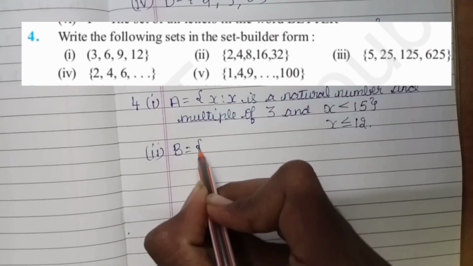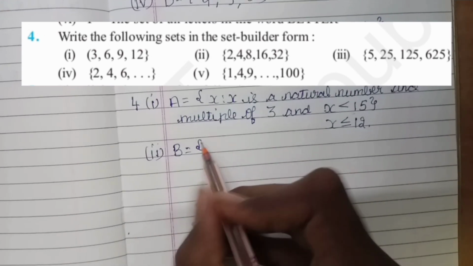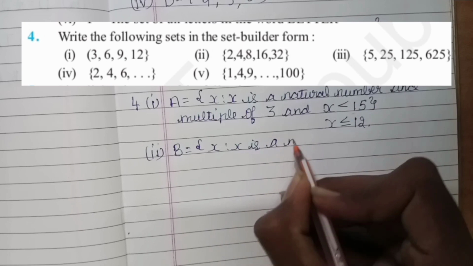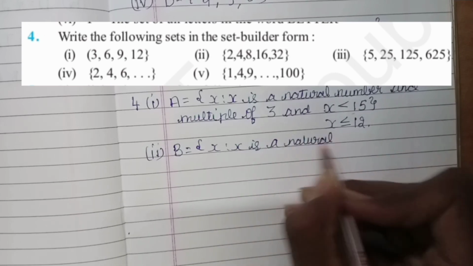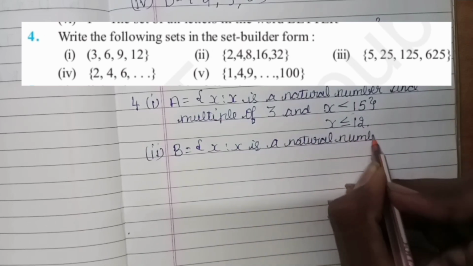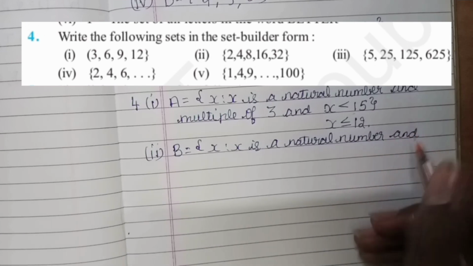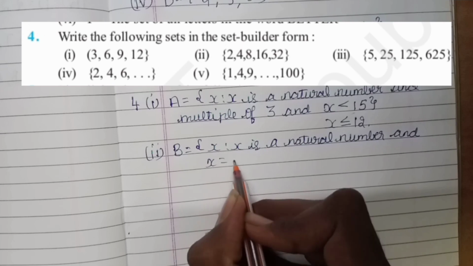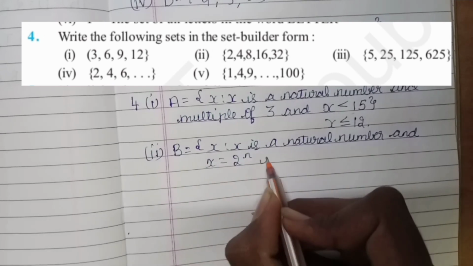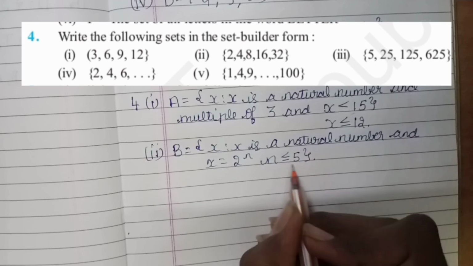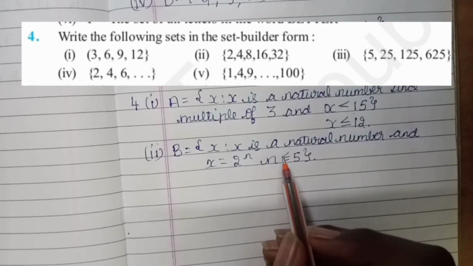B is equal to x such that x is a natural number and x is equal to 2 to the power of n, where n should be less than 5. Here 2 5s are 32.